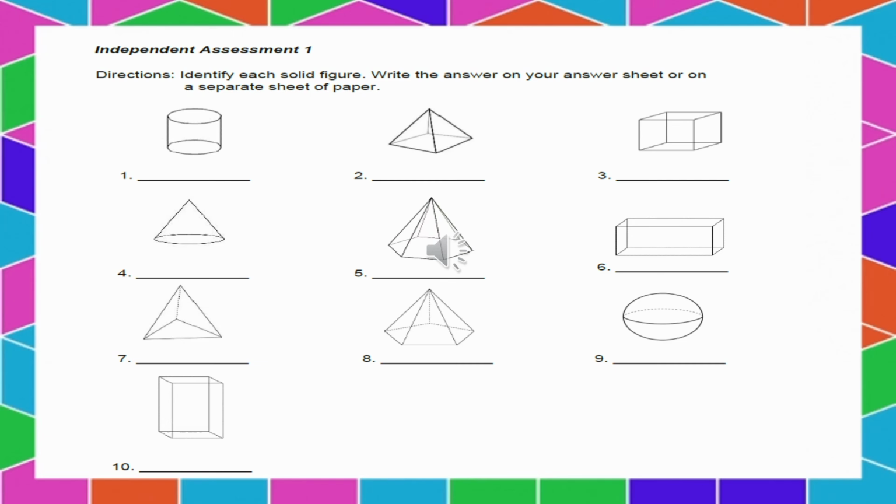Number 7, triangular pyramid. Number 8, pentagonal pyramid. Number 9 is sphere. And number 10, rectangular prism. Count the number of the correct answers. If your score is 8, 9, or 10, good job, because you passed this activity.